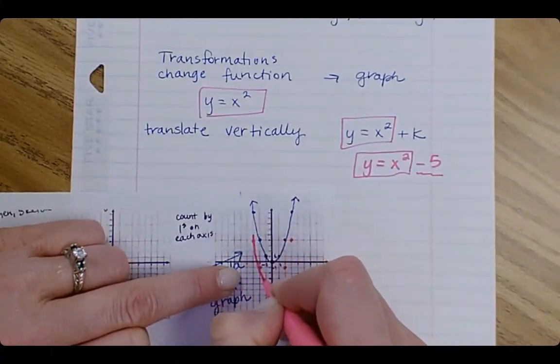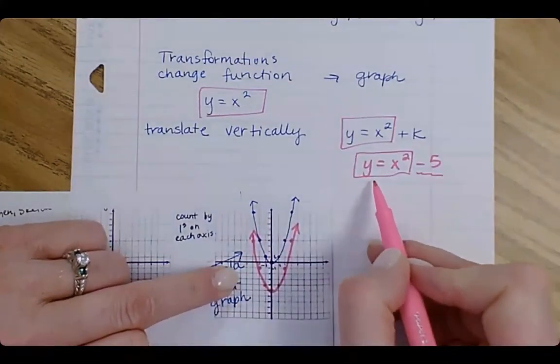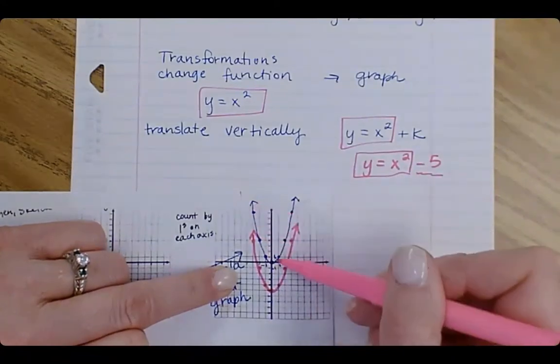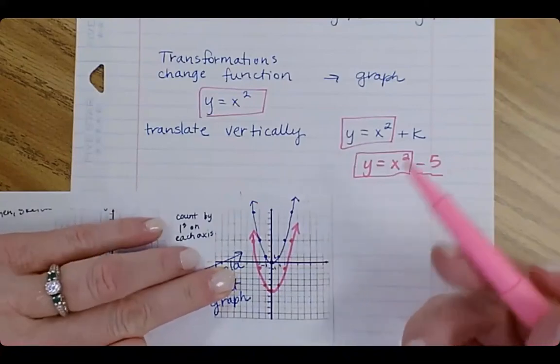This would be the graph of the function y equals x squared minus 5. It's the exact same shape as the parent, it's just been shifted down.